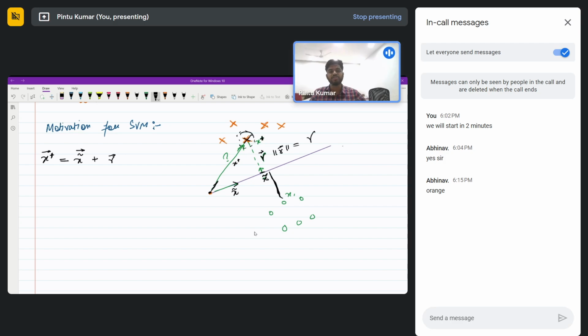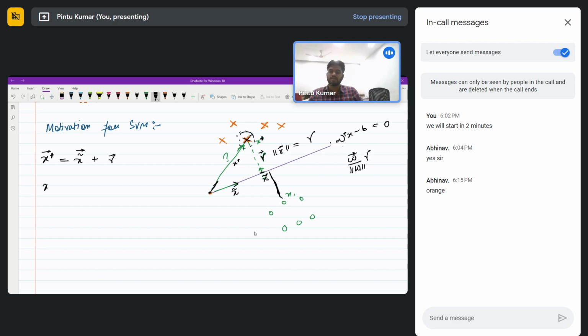As I mentioned a few minutes ago, the vector in the direction perpendicular to your line is nothing but your W vector. If W transpose X minus B is equal to 0, then this vector is your W vector. The direction is W divided by norm of W, and the magnitude would be gamma, the length of this, right?